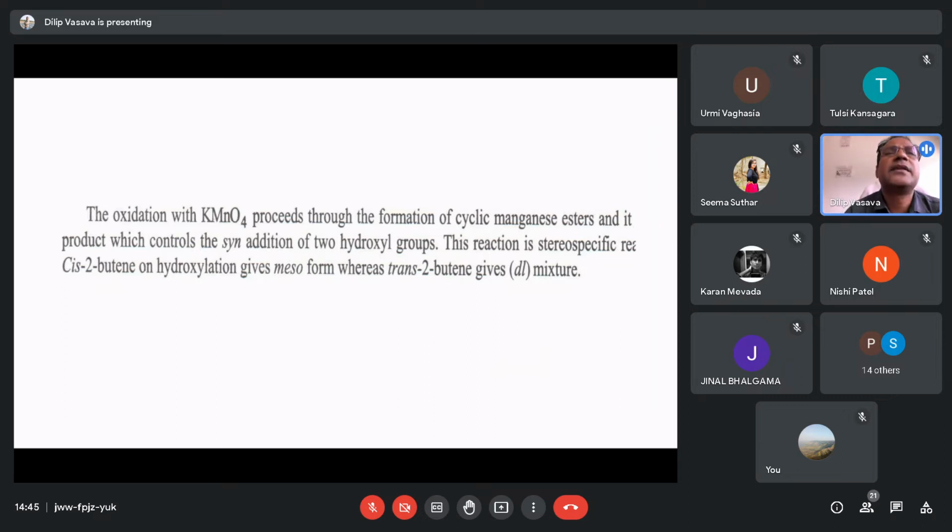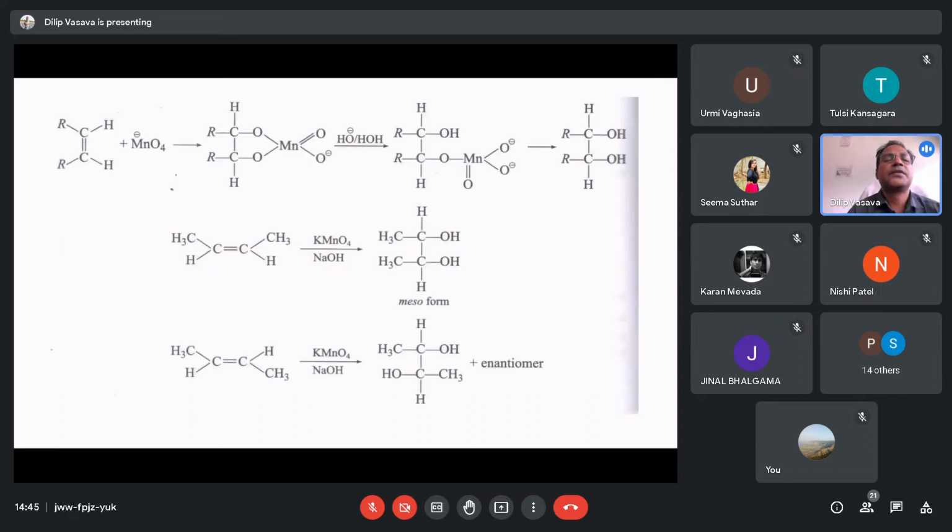That is why unsaturation can be proved by using KMnO4. It is also a stereospecific reaction because it gives the diol in that reaction. Here the best example of KMnO4 is given with the alkene, where it gives the diol.